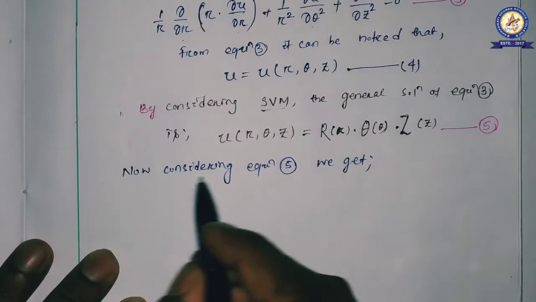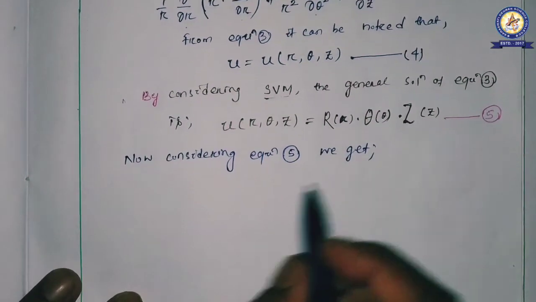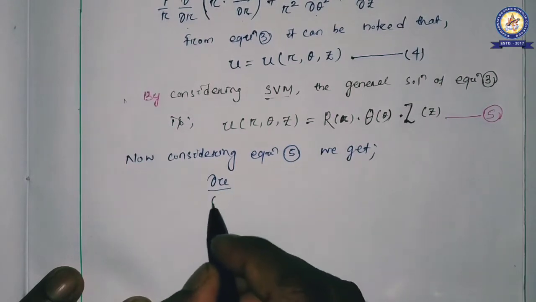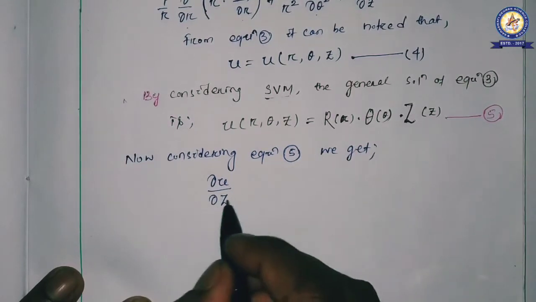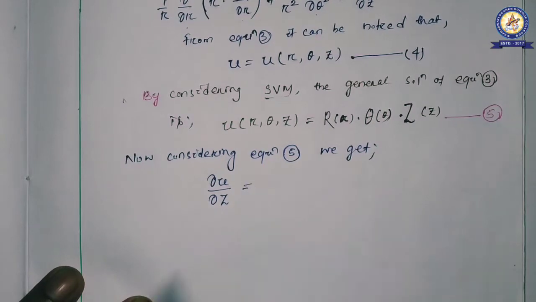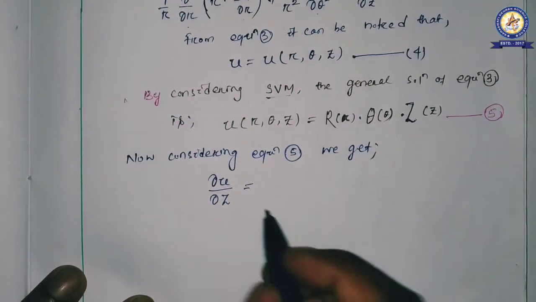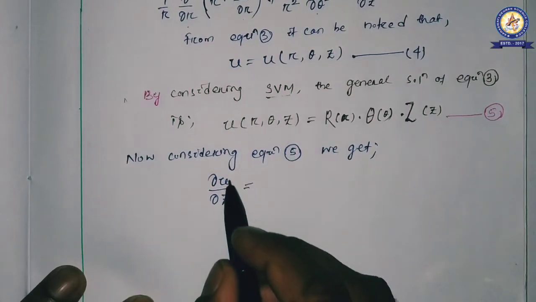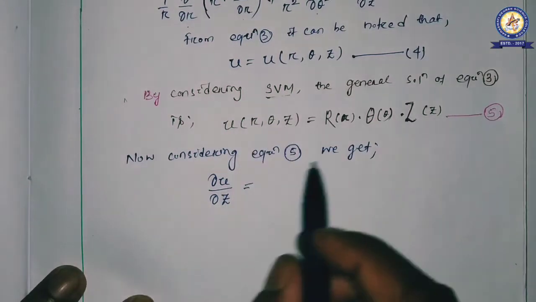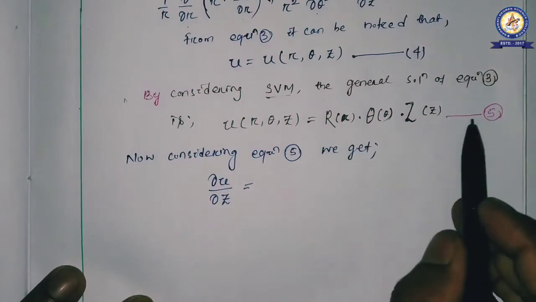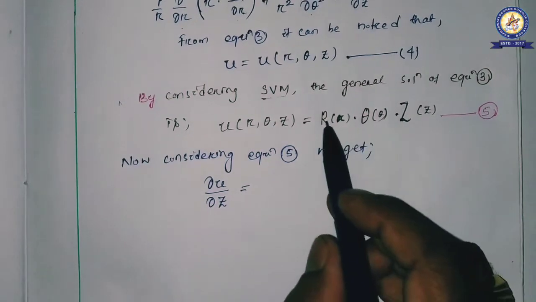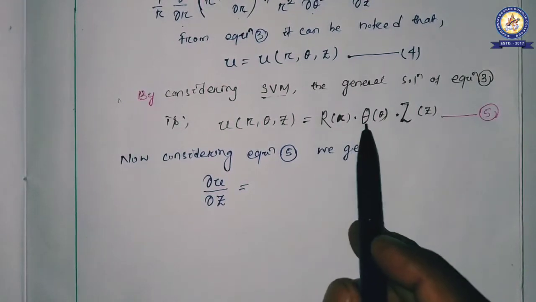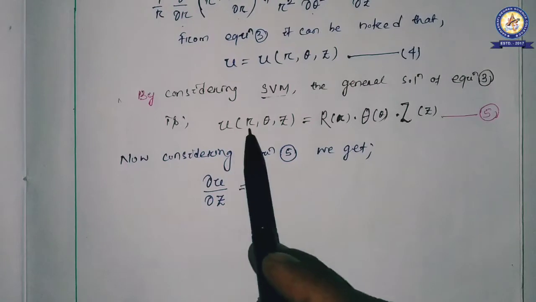Now considering equation number 5, del u by del z will be how much? In the right hand side of equation number 5, R and Theta will be considered constant whenever it is differentiated with z.